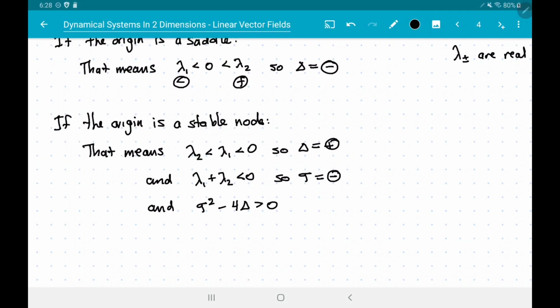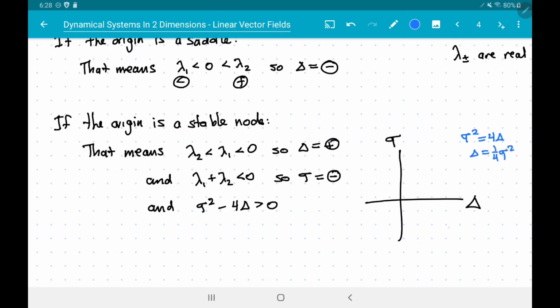Okay, well, in the tau delta plane, I guess I should call it the delta tau plane, if I sketch in the line tau squared equals 4 delta, which I get by moving this over, let me rewrite it as delta equals 1/4 tau squared.